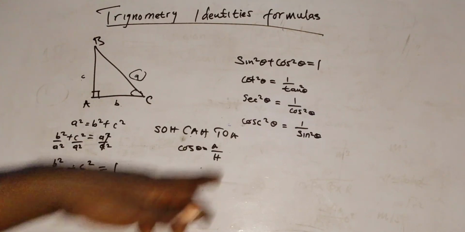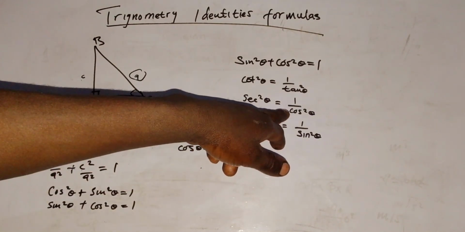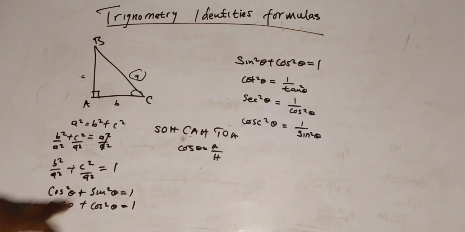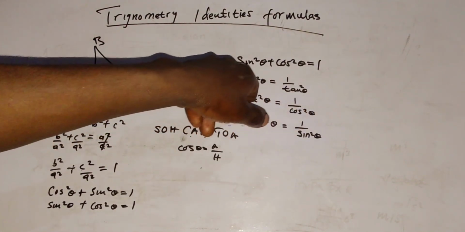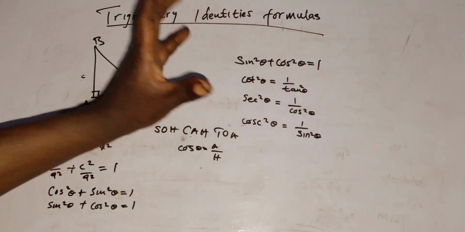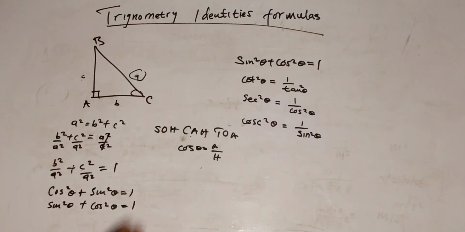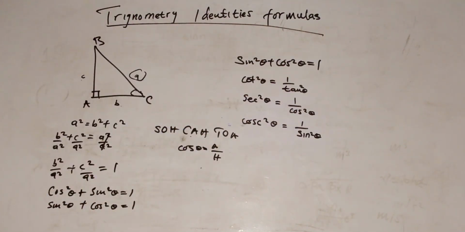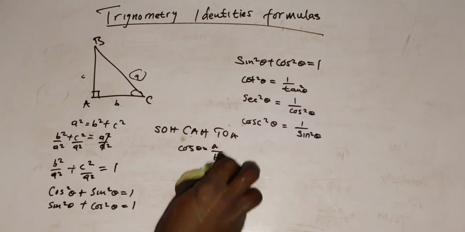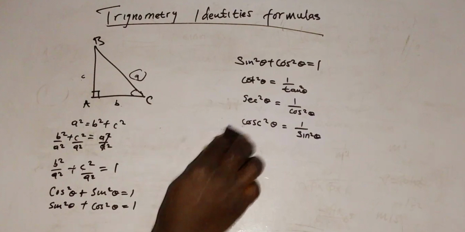Now let's try to generate this formula which we have here from the very same equation. This is an important equation which can help you to find some of these trigonometry identities.